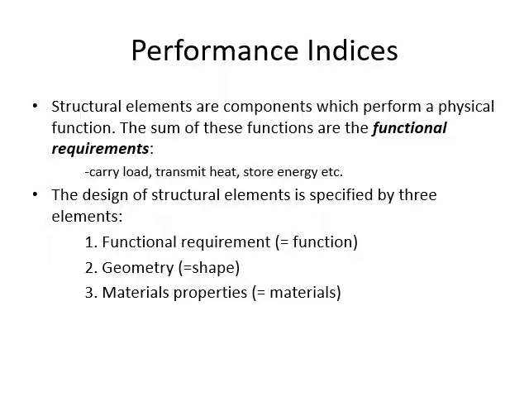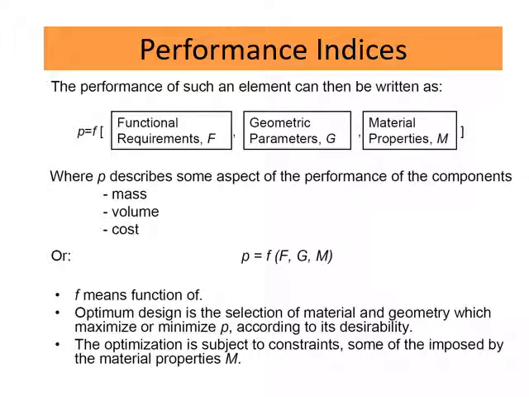Second is the geometry, G. Third is the material properties, M. So you have F, G, M. Thus, you can say that the performance P can be written as shown in the slide: P equals a function of the functional requirements F, the geometric parameters G, and the material properties M.